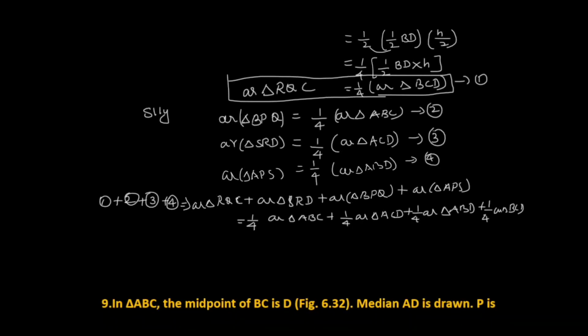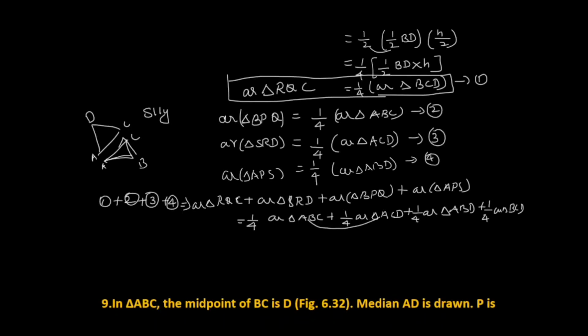When you are joining the two triangles ABC and ACD with the diagonal, you will be getting a quadrilateral.